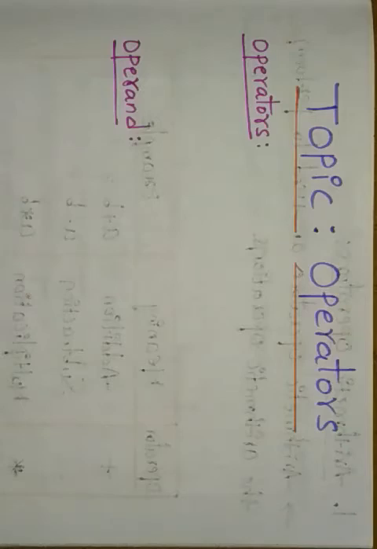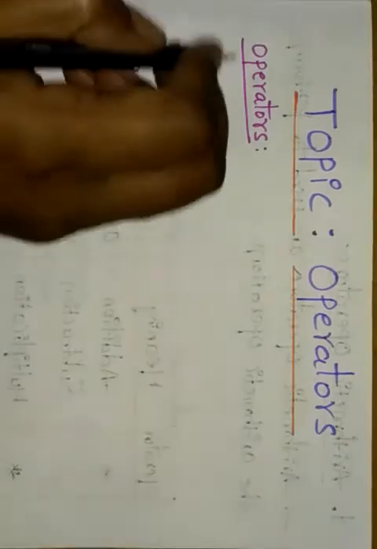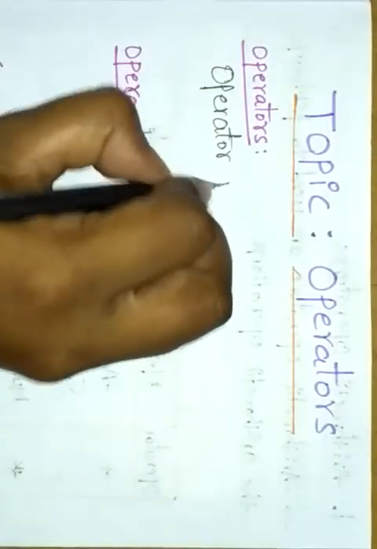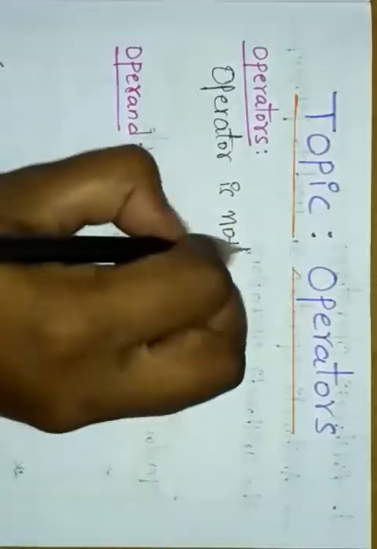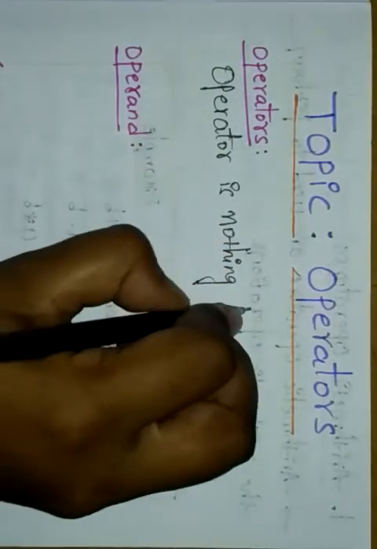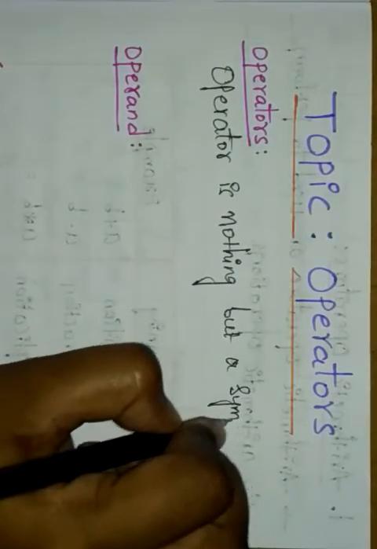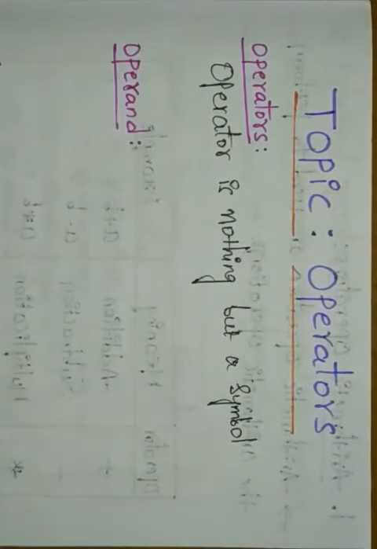Whatever instructions the user gives, those are performed by our compiler or interpreter. Simply, we can say an operator is nothing but a symbol.